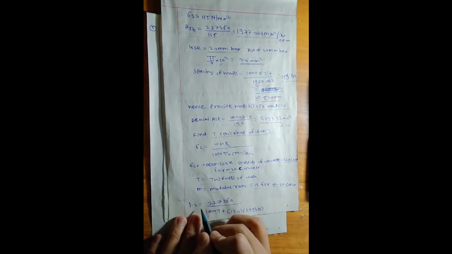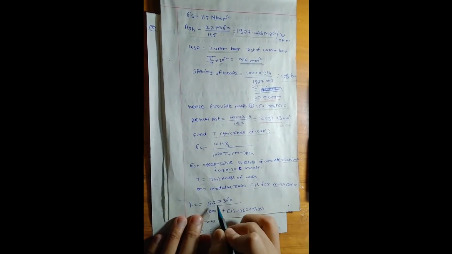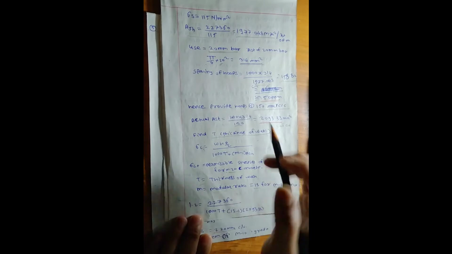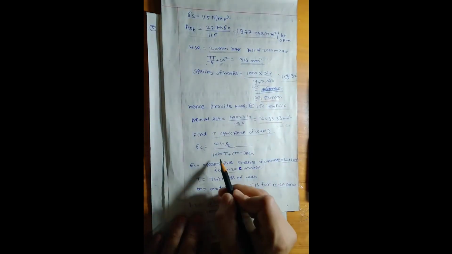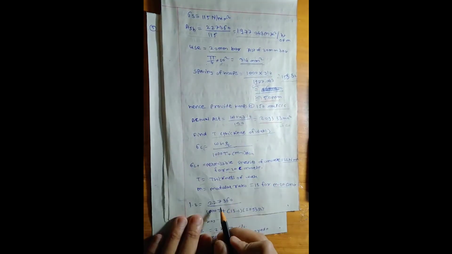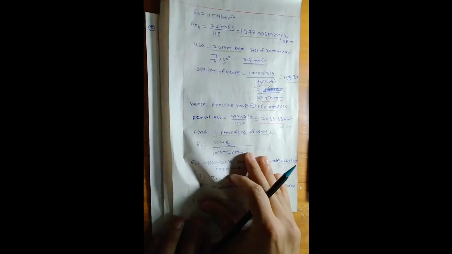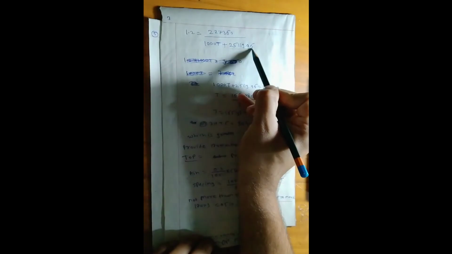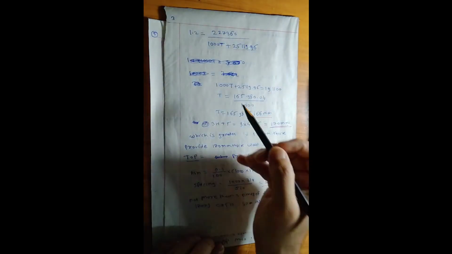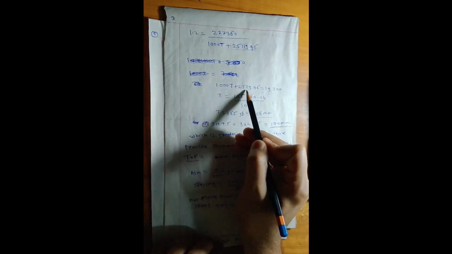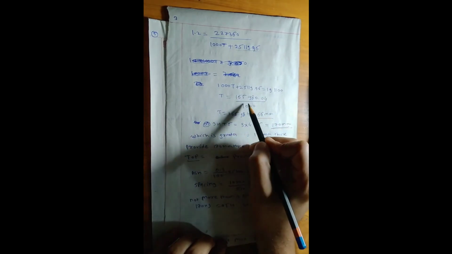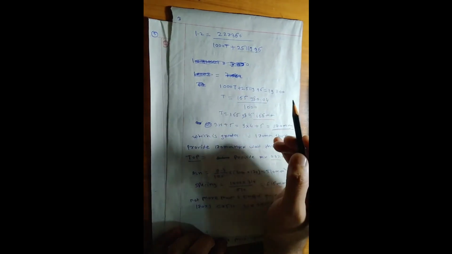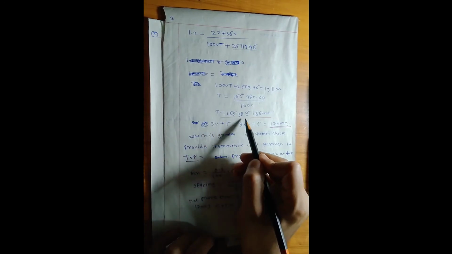So by calculation, 1.2 equals 227,360, which is the hoop tension, this WH into D by 2, divided by 1000 T plus (13 minus 1) into AST, which is 2933. By equating this whole expression, we get T equal to 165.98.